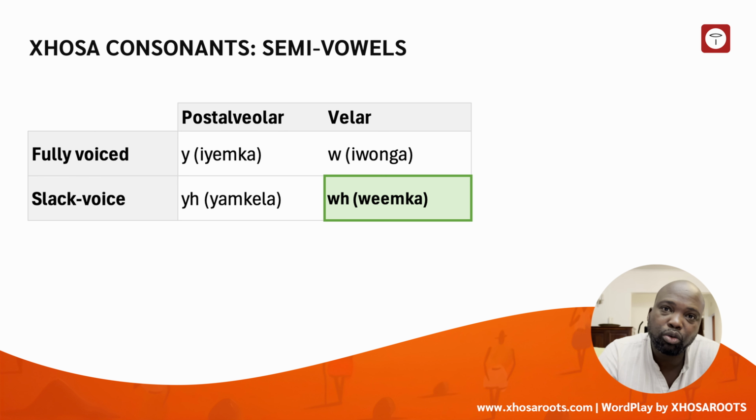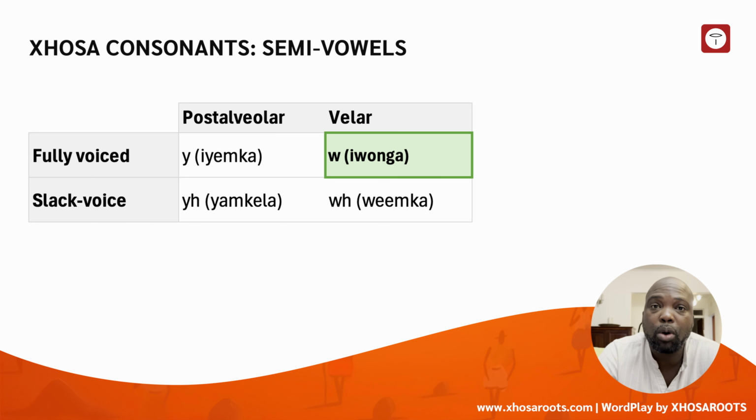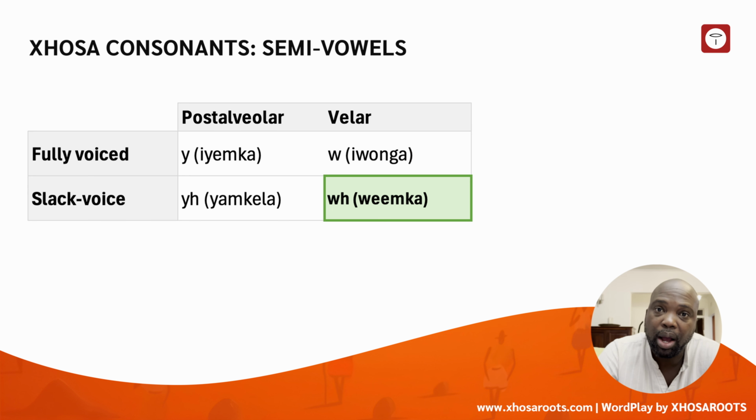But if you were referring to many people who left, it would be bemka, meaning that they left. So we have iwonga, status, and wemka, he or she left. And that is it for the semi-vowels. That is it for the consonant sounds in the Xhosa language.